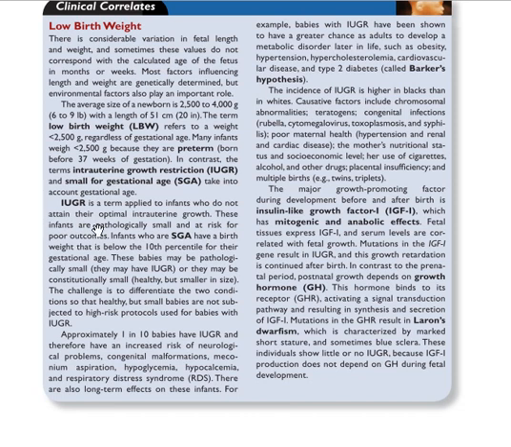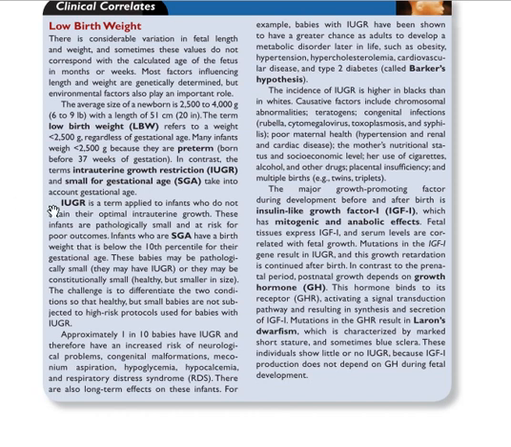Now, the causes of intrauterine growth restriction are based on the division of intrauterine growth restriction. Is it clear? Intrauterine growth restriction is divided into two: symmetric intrauterine growth restriction and asymmetric intrauterine growth restriction.